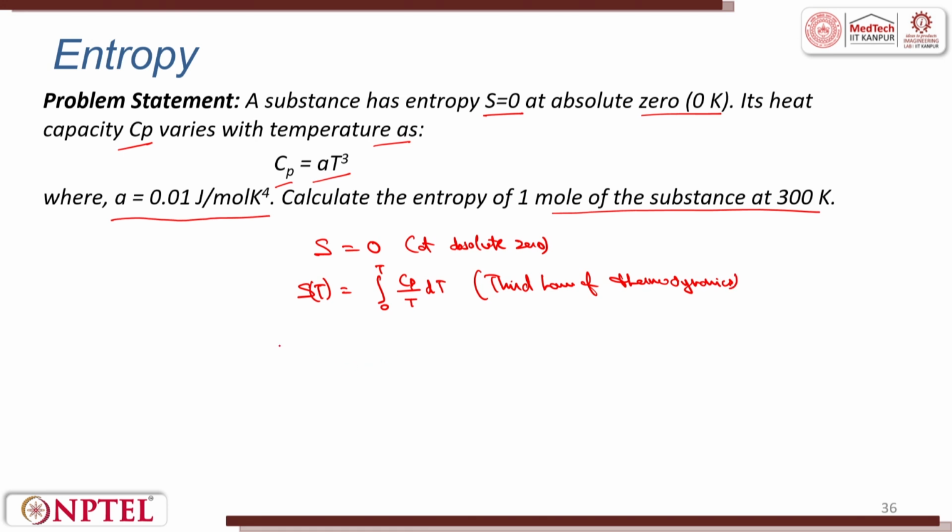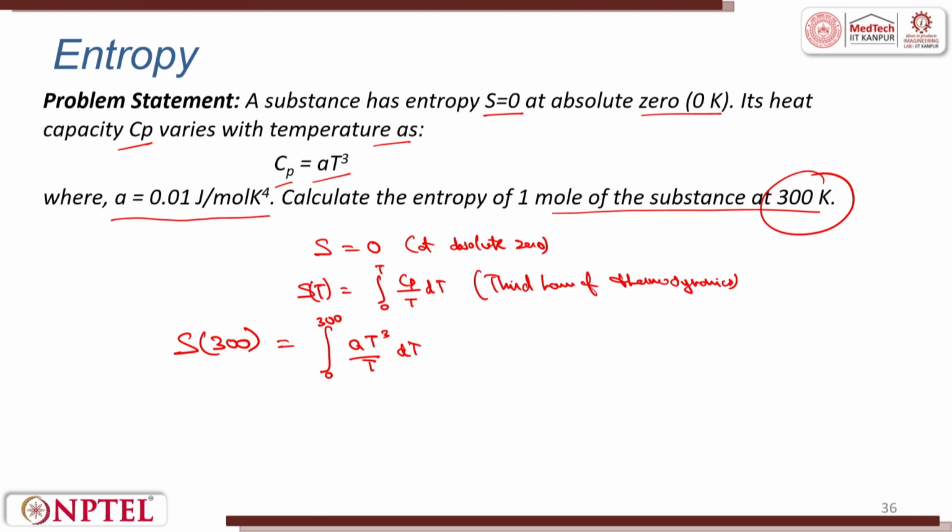So that means we need to find the entropy at 300 Kelvin, that is S at 300 is equal to the integral from 0 to 300 of the Cp function, here given as A T power 3 by T dT. Let us take this integral.